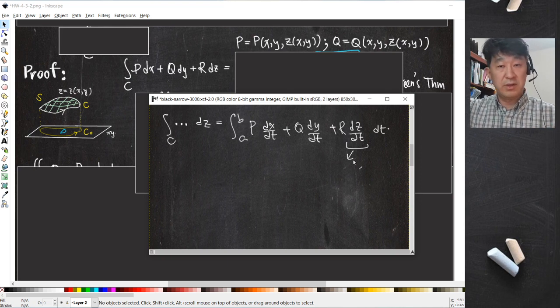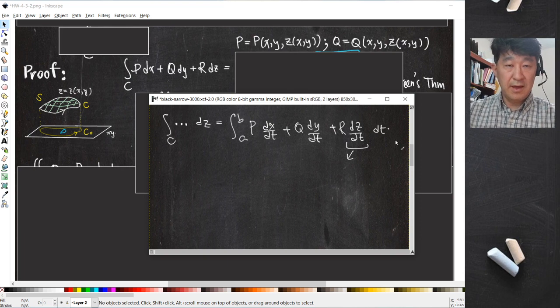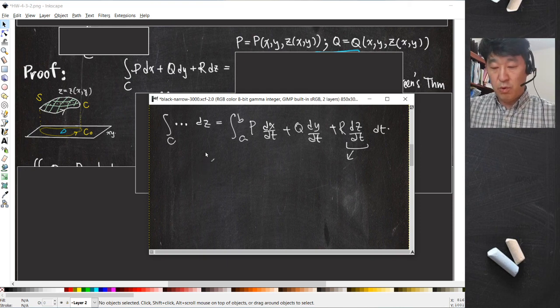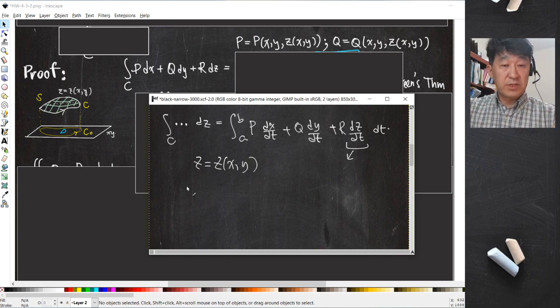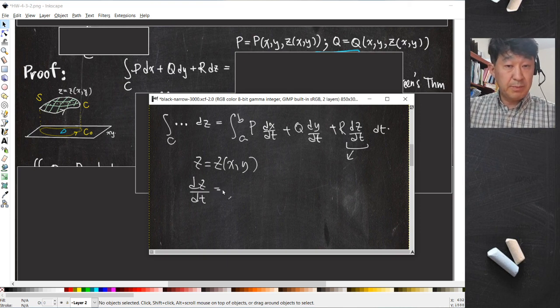I skipped one of those calculations here, so I'm just going to show that calculation. Think about it like this: z is composed in terms of x and y, and we're differentiating z with respect to t. That's a typical chain rule.